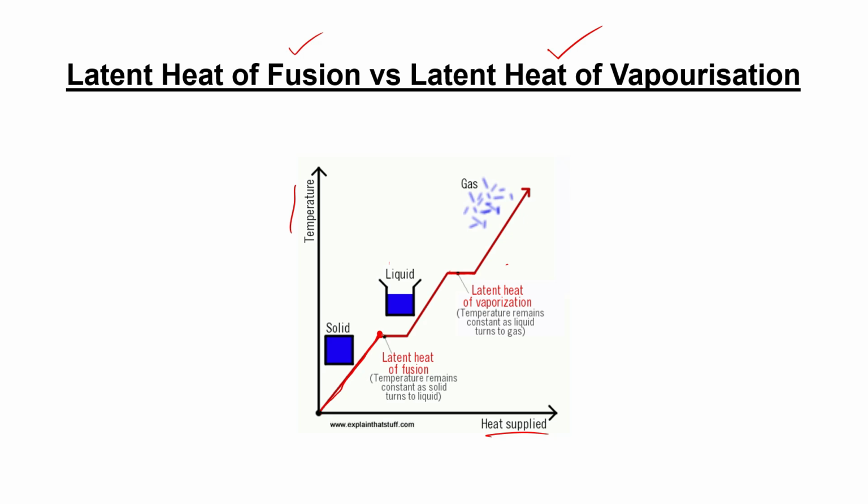At this point, temperature will not change, but all this heat is used to break down the molecules, and finally it will reach here. And again, when you supply heat, its temperature will rise, and finally it reaches a point when all this liquid is converted to gas. If you further apply heat, you can see that it will become superheated vapor.